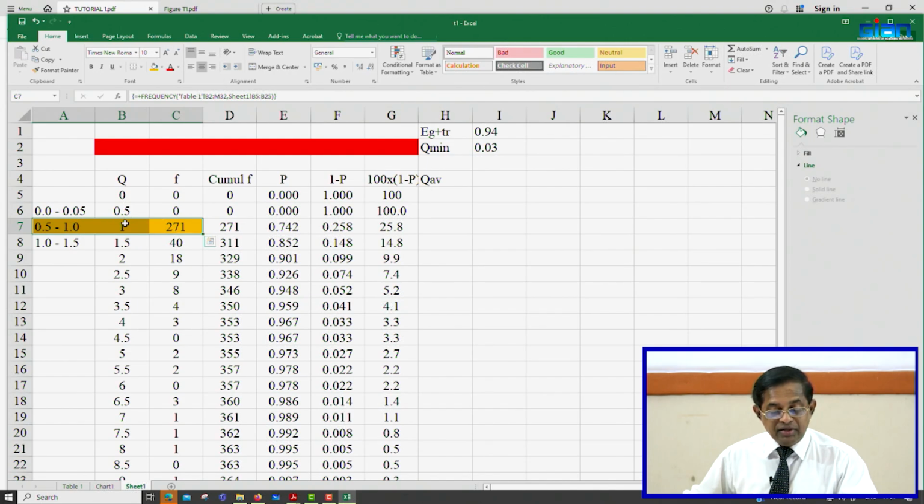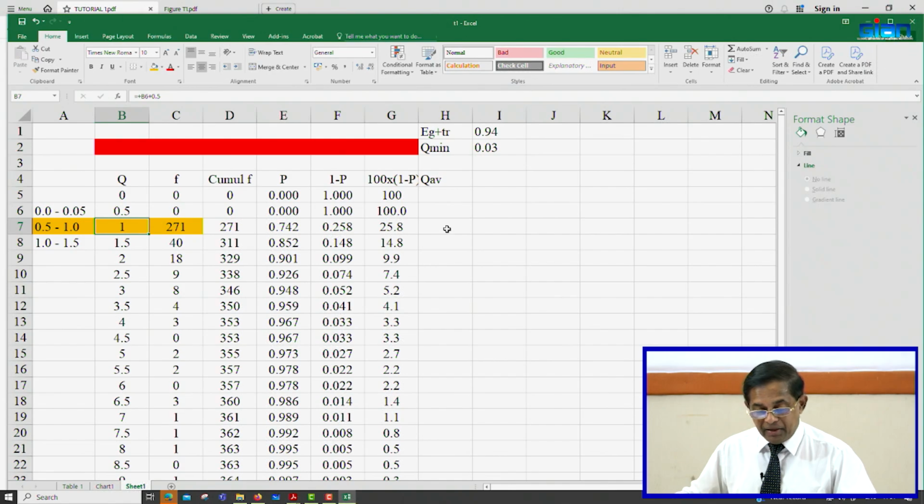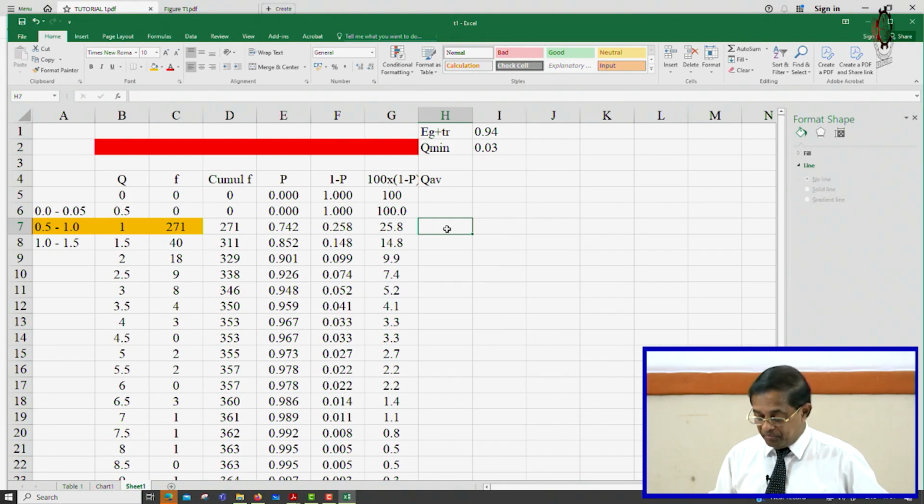right. It is not always 1, the data points can be in between that. So, rather than assuming flow to be 1 for 271 days, we can say it is the average of these two, that is a better way. Average of these two is the flow available on these 271 days. So, I can make my calculation more accurate if I write here flow minus environmental flow.